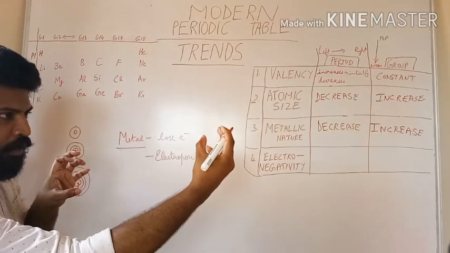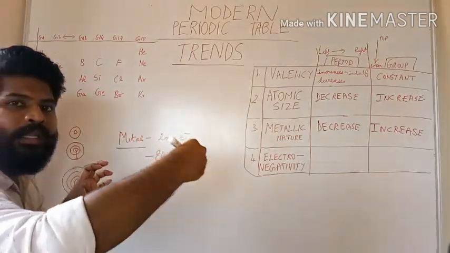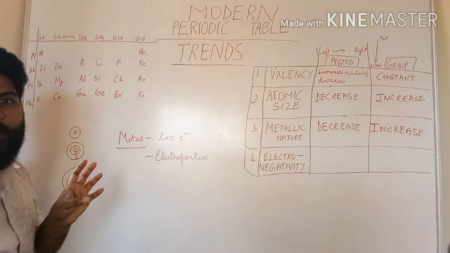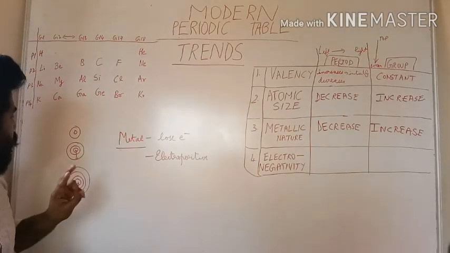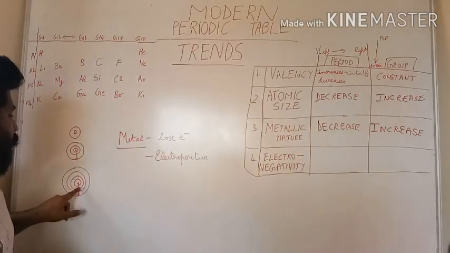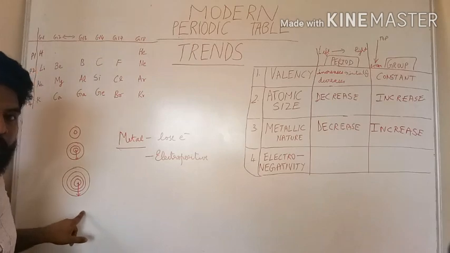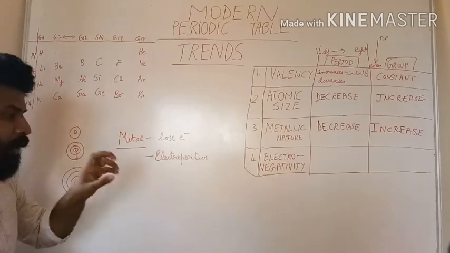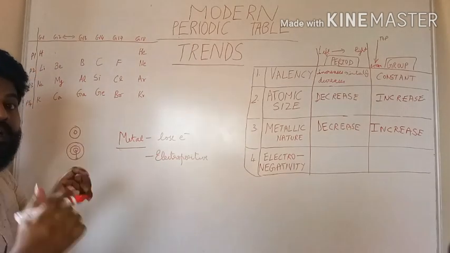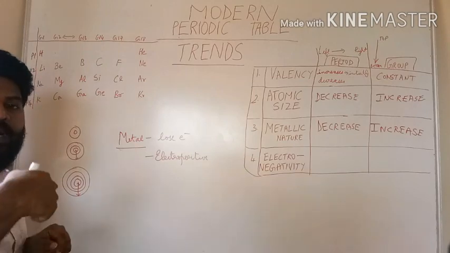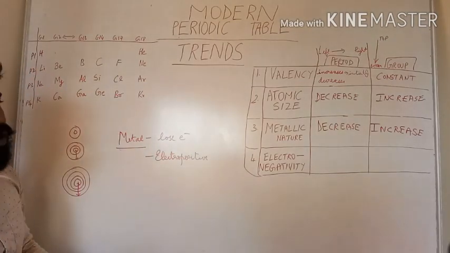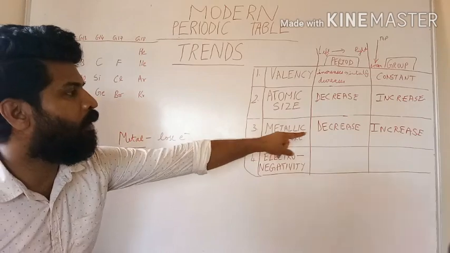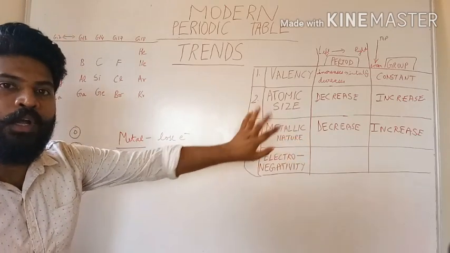When the electron is not attracted strongly, it is very easy for the electron to be lost. So on one hand, the number of shells is increasing and atomic size is increasing. Because of that, effective nuclear charge will decrease, because of which electrons can be easily lost. So metallic property will increase in a group.